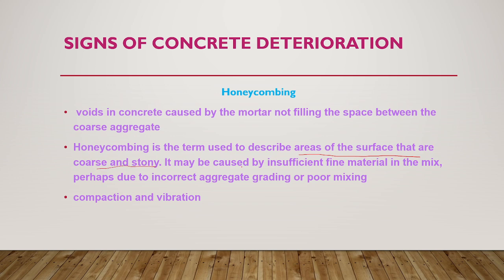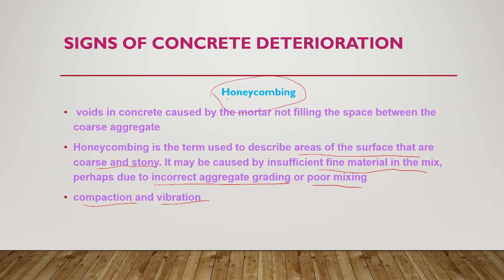It means insufficient fine material. There will be very little fine material in the mix design of concrete, and the reasons are incorrect aggregate grading or poor mix, or lack of compaction and vibration. These are some reasons behind honeycombing.